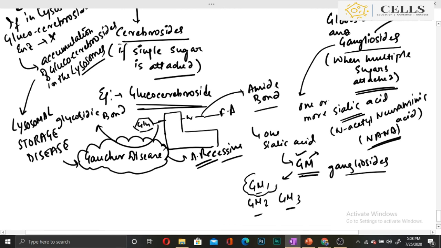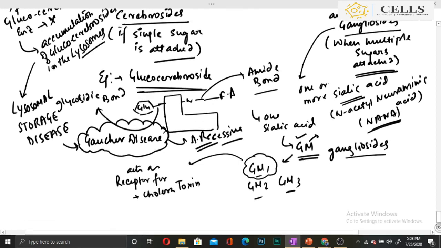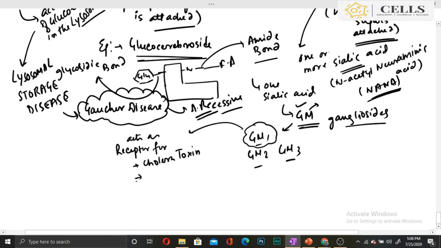GM1 ganglioside acts as the receptor for cholera toxin, E. coli endotoxin, and influenza virus, and there your comparative level questions can arise.